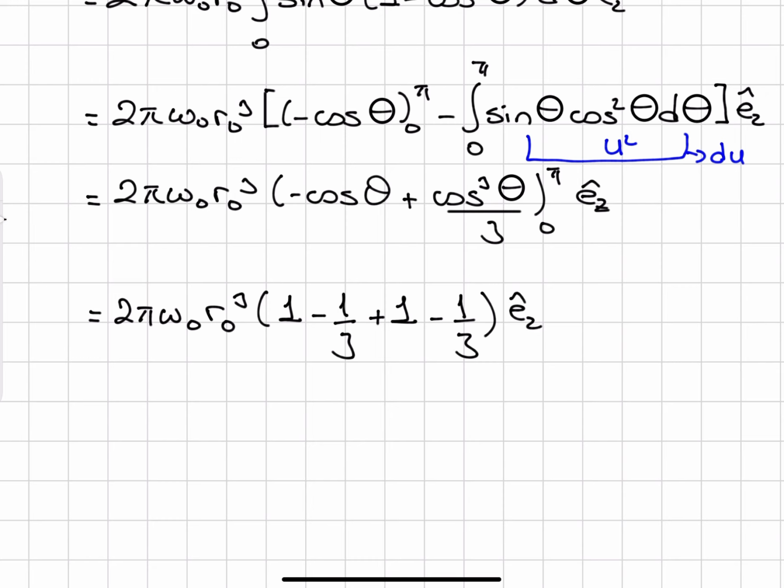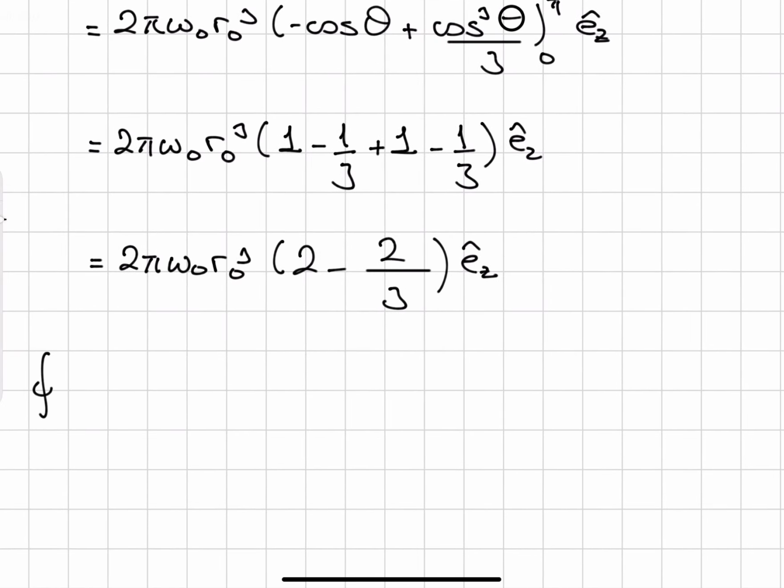EZ hat. So this is evaluated at pi, 1 minus 1 over 3, minus evaluated at 0, which is -1 plus 1 over 3, subtracted from this. It gives me this result. So this will end up being 2 pi omega 0 r0 cube times 2 minus 2 over 3 in EZ hat direction.